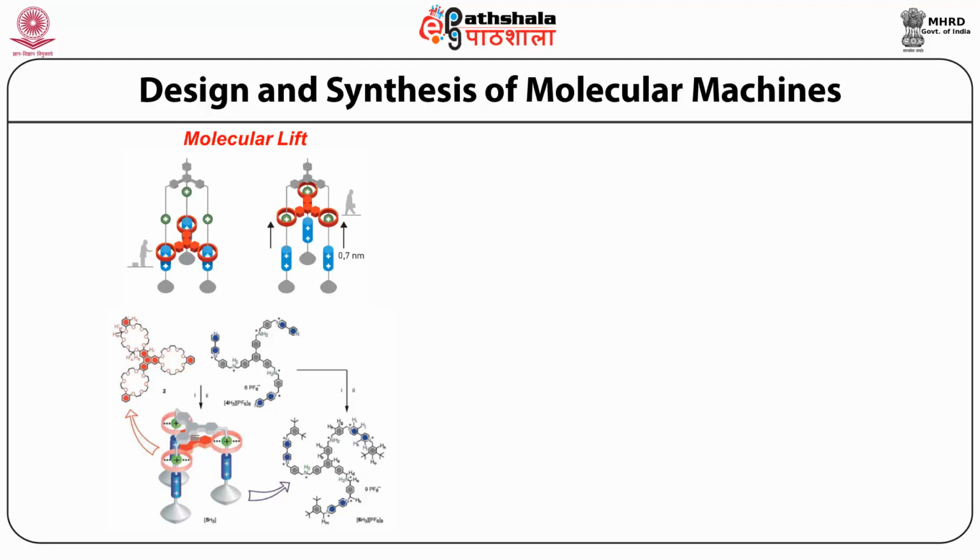You can see here they have used a crown ether complex, and this crown ether complex can form a host-guest complex with a diammonium pyridinium compound, and upon external stimuli it changes its conformation, and this entire guest molecule gets translocated.